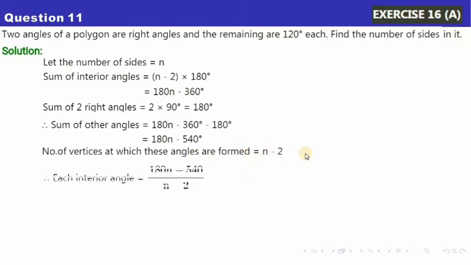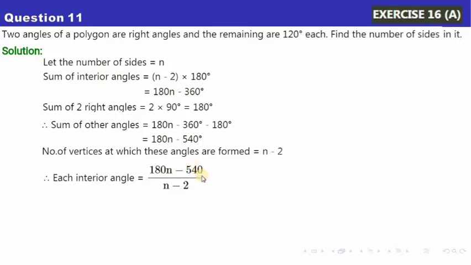So the value of each interior angle will be how much? This, 180n minus 360 minus 180, is the total of the other angles. If this is the total and these many such angles are there, then the value of each will be total divided by the number. That's what I have done here.